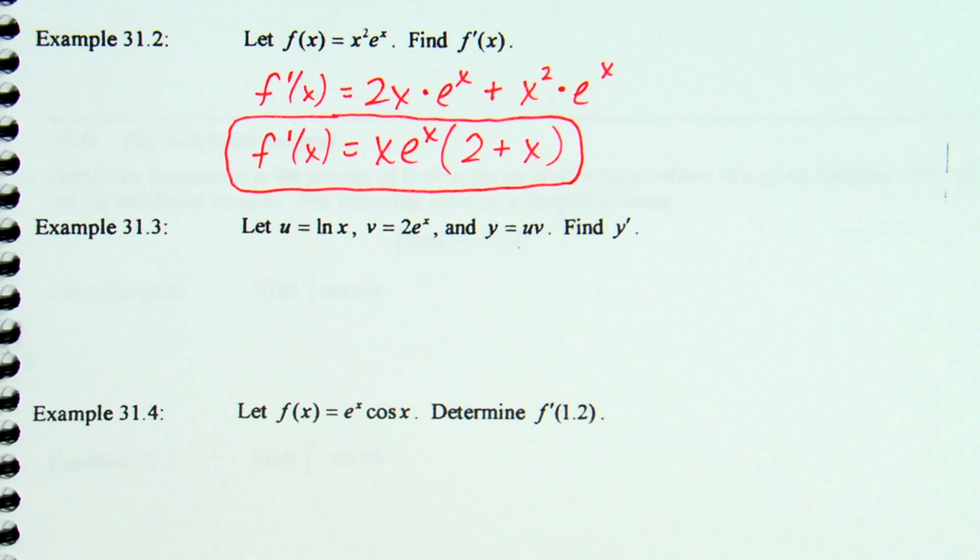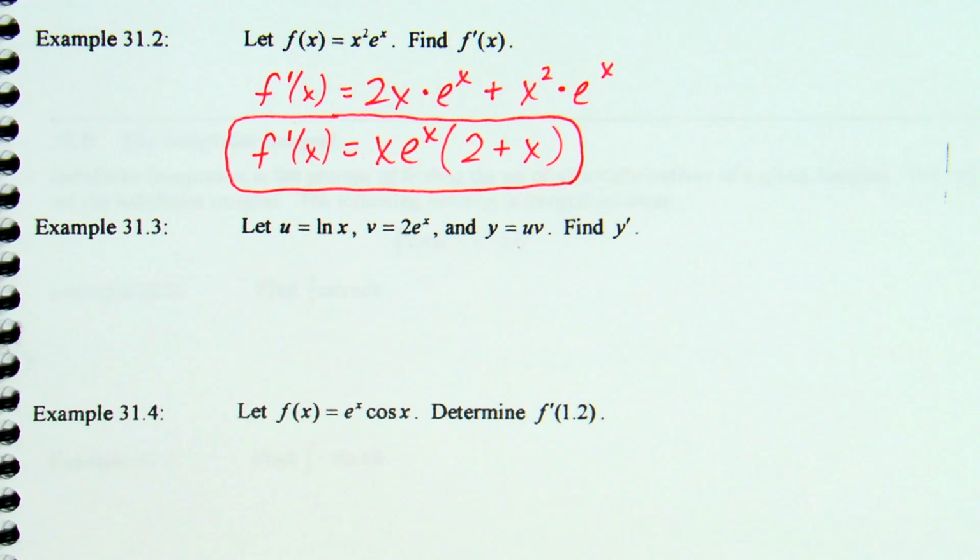So if y is uv, then y is, okay. However you want to write it. I wrote mine as ln x times 2e to the x. You can put the 2 wherever. It's going to work out the same in the end.